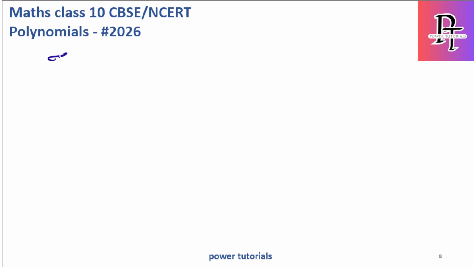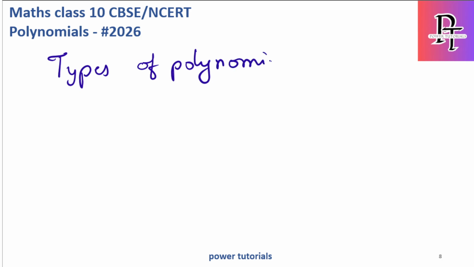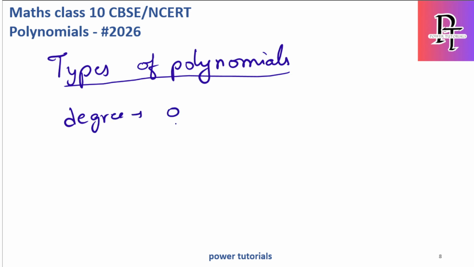Types of polynomials. Okay, I think I missed the types of polynomials before, so let's use it now. We have covered the degree and we have also covered the value. So types of polynomials depend upon degree. If the degree is 0, then it is just a constant.